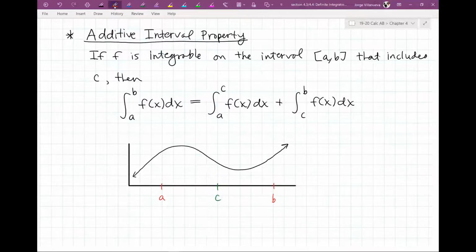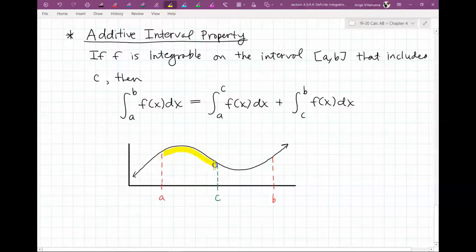So what this is saying is, notice how A to B is a nice continuous curve. So therefore, it's integrable. So we know we can integrate it from A to B. And we know C is included within A to B based on the definition. So I put C somewhere. So I could integrate all of this.